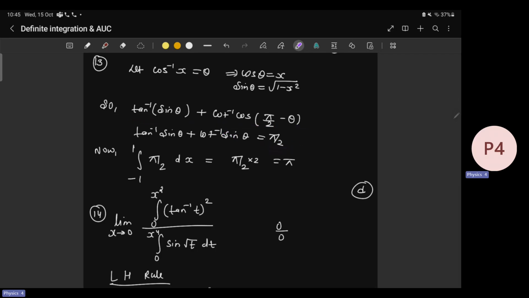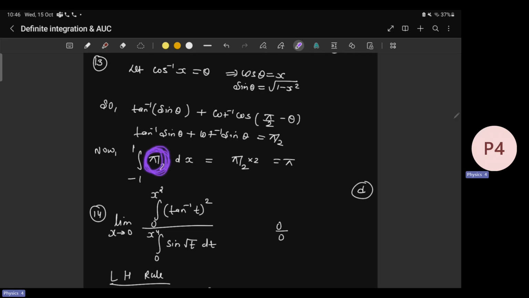Suppose this is phi, and we know that tan inverse phi plus cot inverse phi is always equal to pi by 2. So this is phi, this is also phi, so this whole value is reduced to pi by 2.